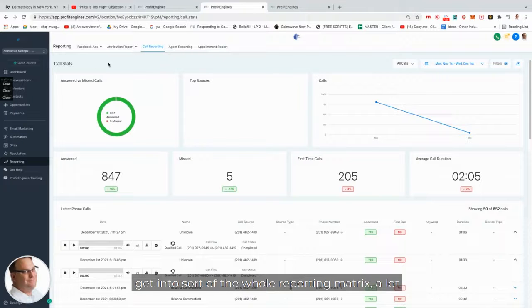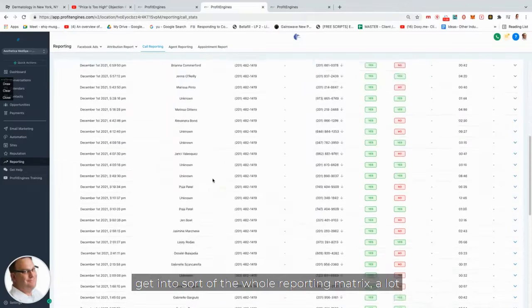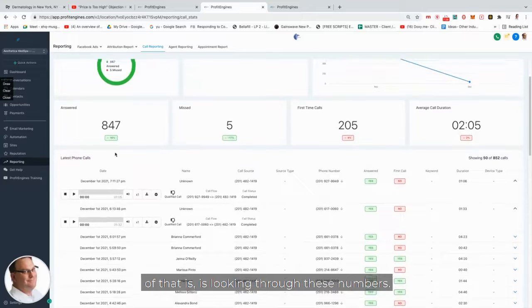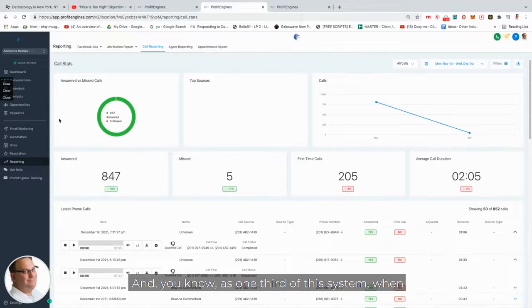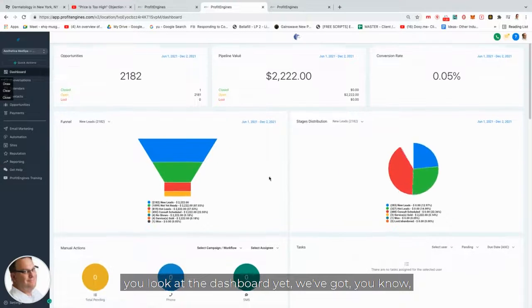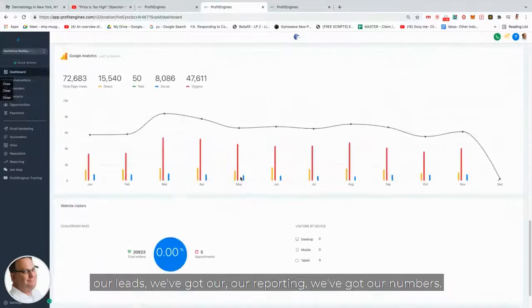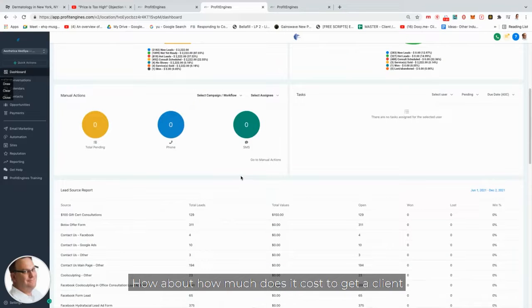A lot of the reporting matrix is looking through these numbers, as one third of this system. When you look at the dashboard, we've got our leads, our reporting, our numbers. How much does it cost to get a client? You can see this at any point in time.